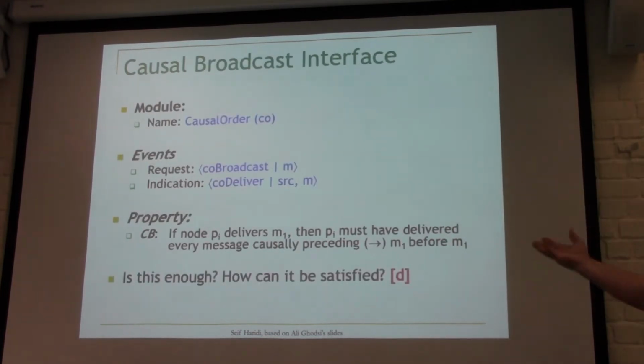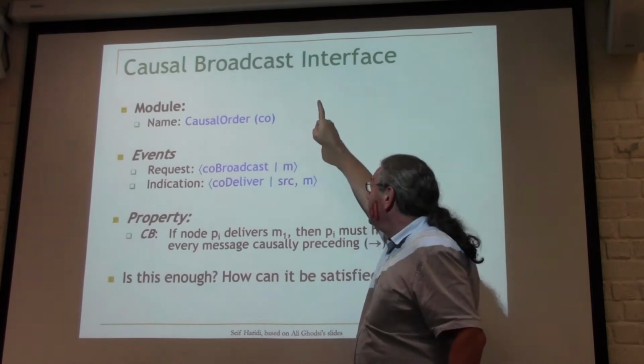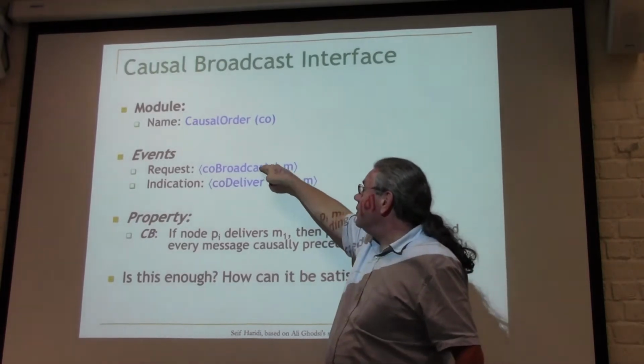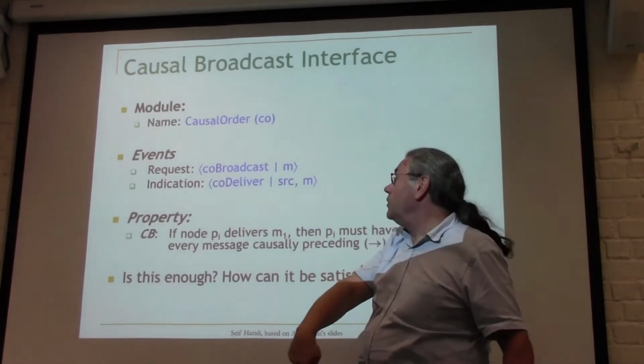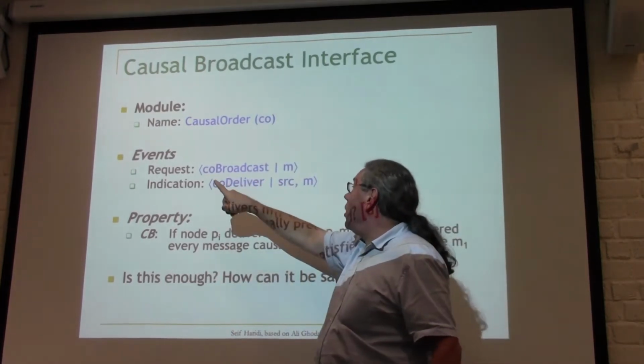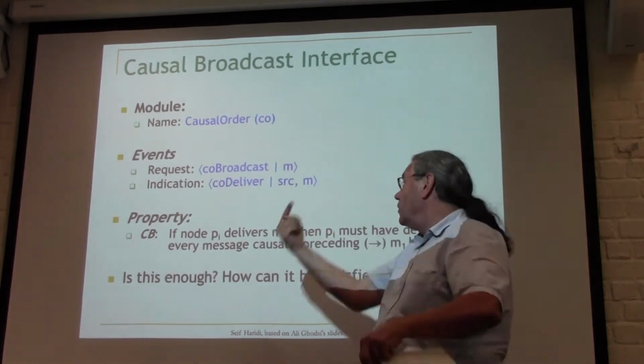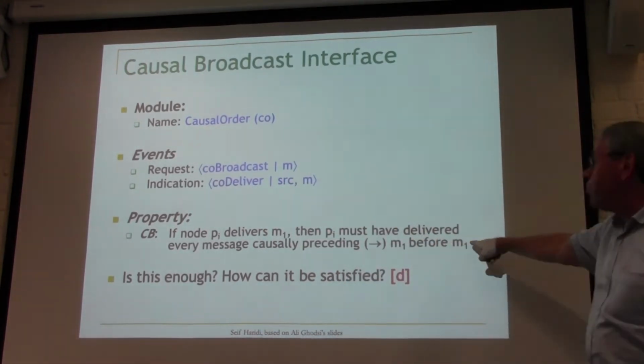So let's make an interface, specify this thing. Causal order. We define it, and we have two events. A request going down, and an indication coming up. So a CO broadcast, causal order, and a CO deliver. And this property holds.